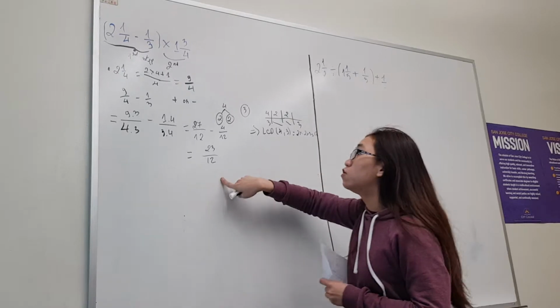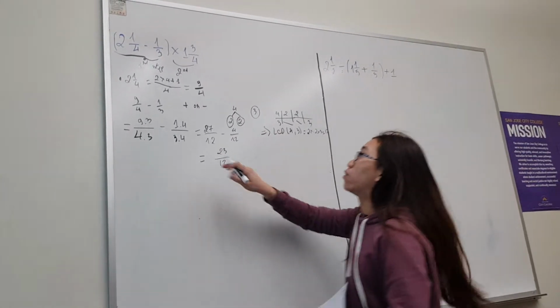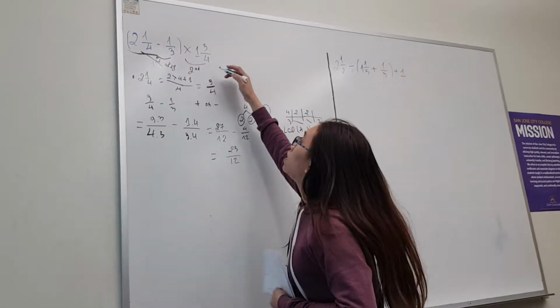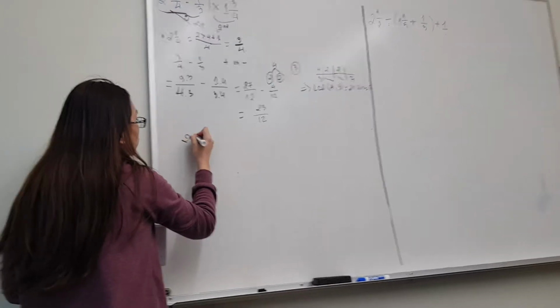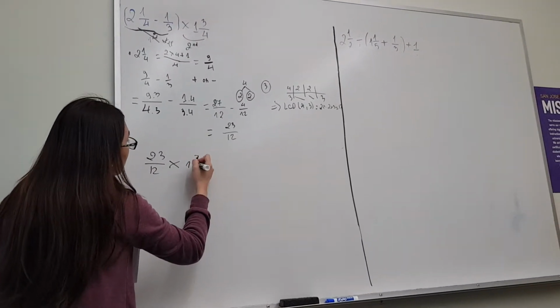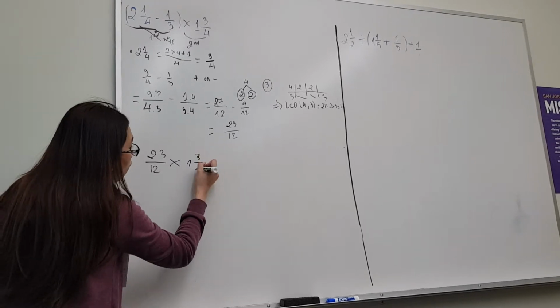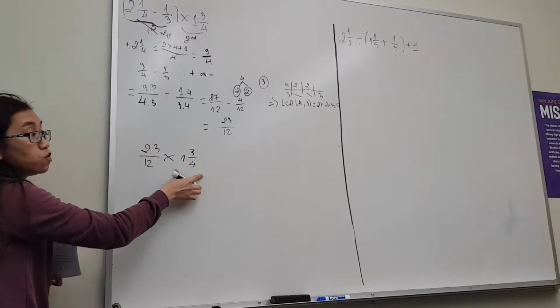Okay, you finish my answer in the first step, 23 over 12. And the second step, you need to do the multiplication. You have 23 over 12 multiplied by 1 and 3 over 4. The first, when you see a mixed number, you need to change the mixed number to a fraction.